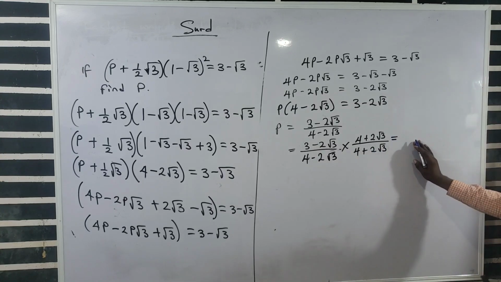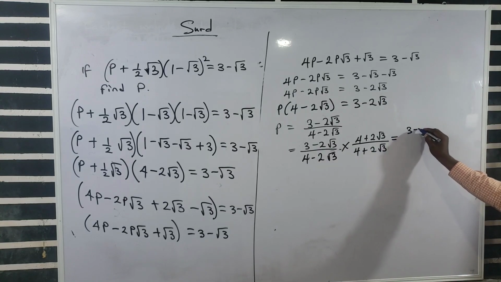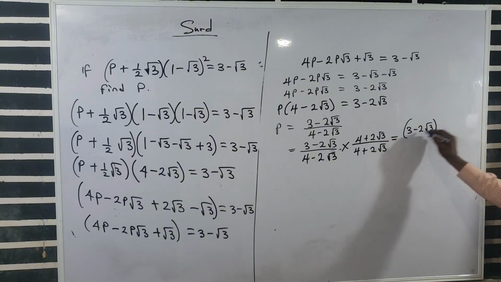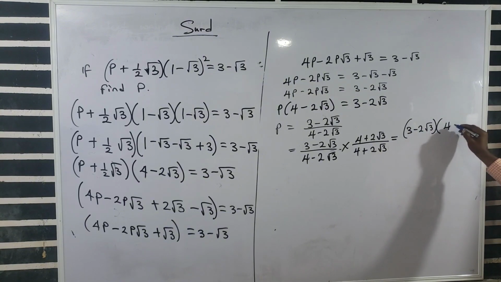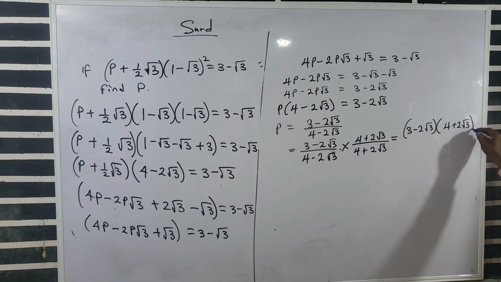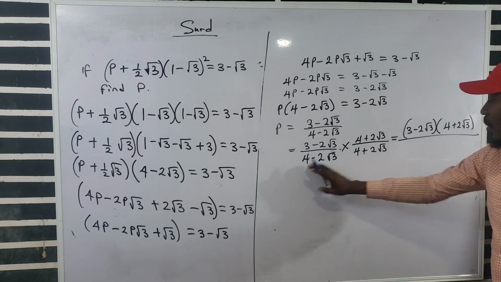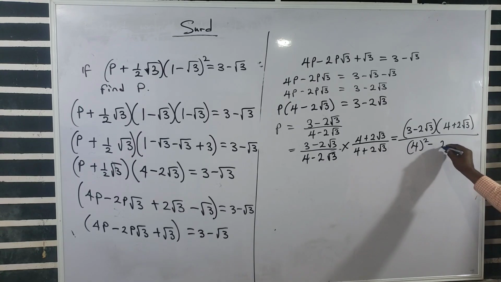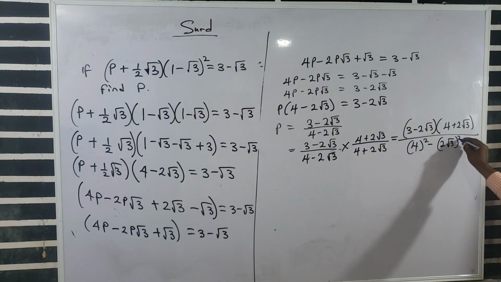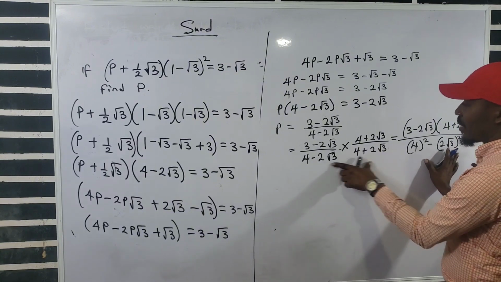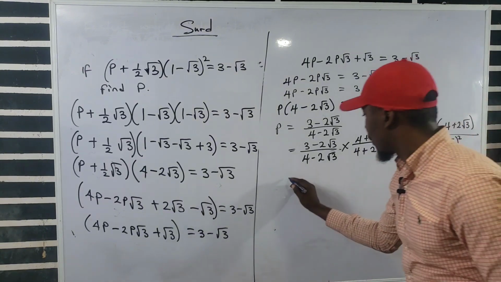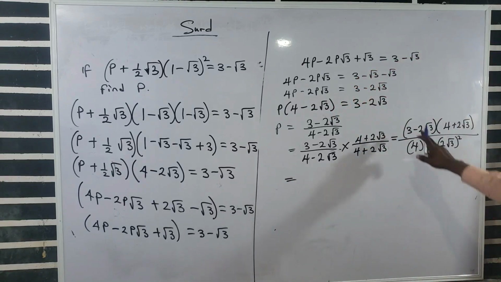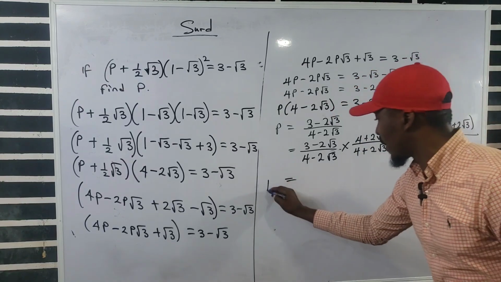So that will give you (3 minus 2√3) times (4 plus 2√3) all over 4 squared minus (2√3) squared. Why are we doing this? Because these two here, they are a difference of two squares. So that will give us this times this, 12. Remember, this is p.